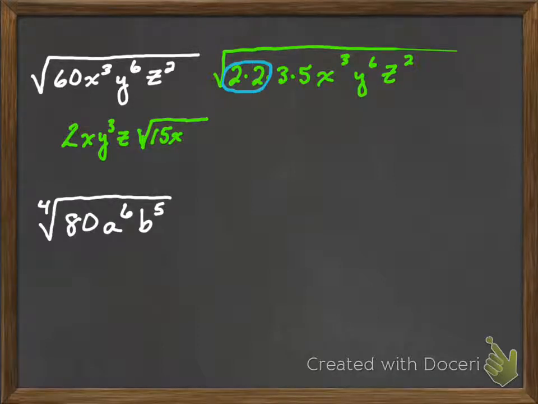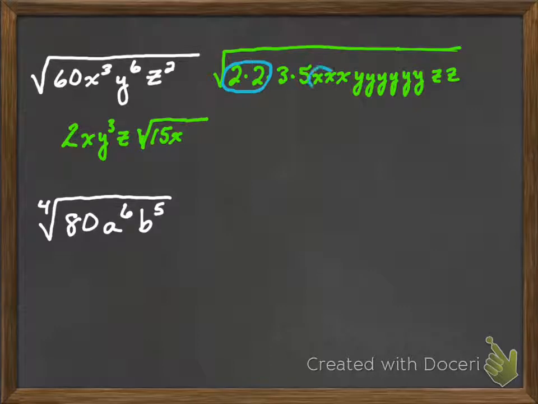Now another way that you can think about this particular problem is if you take these x values, y values, and z values and expand them all into x, x, x, y. You got 6 of these y's, and then 2 z's.